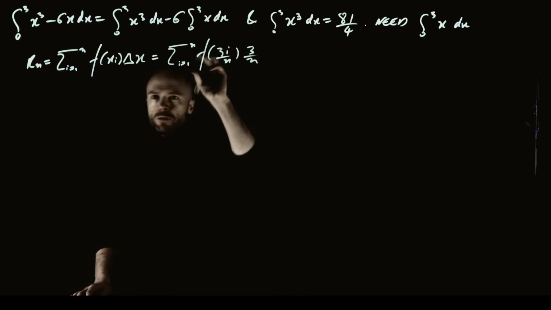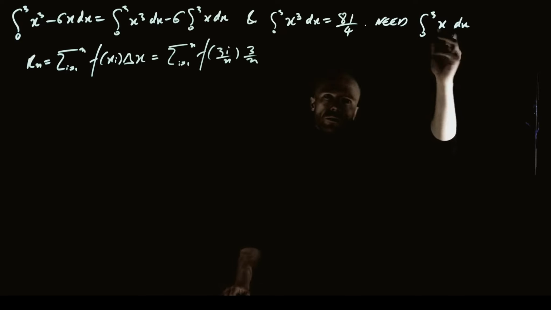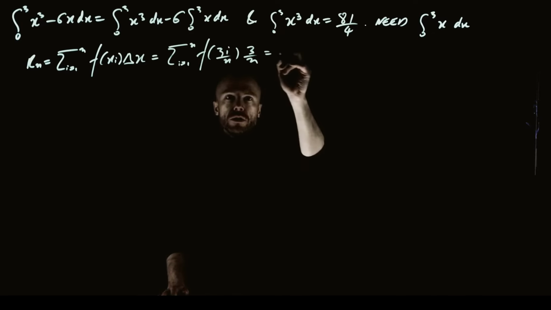And only at this point did we put what f actually was, which was x cubed. Now f here is not x cubed, it's just x to the 1. So we can just directly put that in.